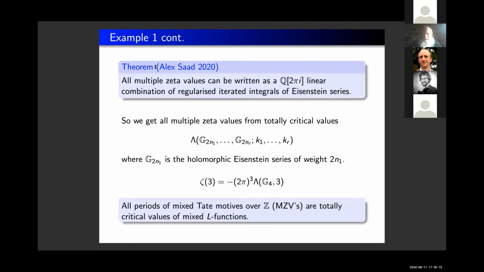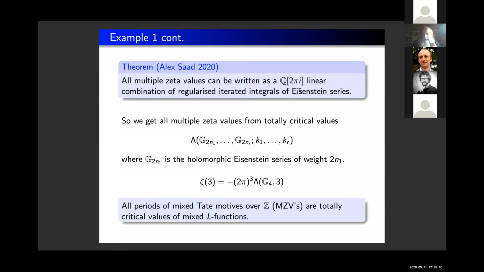Now, a very recent theorem by a PhD student of mine who's just completing at the moment, Alex Saad. It's a very beautiful theorem, and he proved that all multiple zeta values can be expressed as linear combinations of iterated integrals of Eisenstein series. This is subtle, because there are many iterated integrals of Eisenstein series which are not multiple zeta values at all.